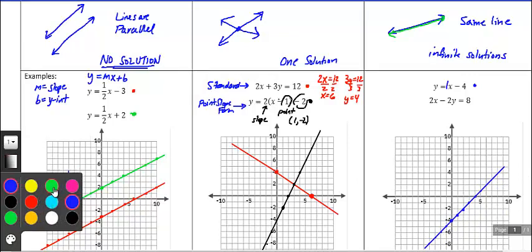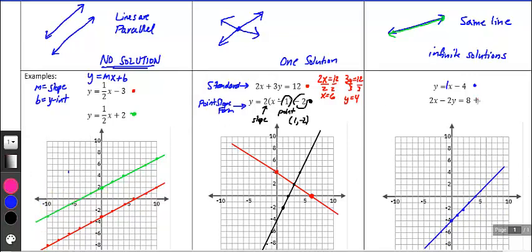And our next one, I'm going to do in pink. That's standard form. Remember standard form over here where I plugged in 0 for x and solved for y, plugged in 0 for y and solved for x? So we're back to that. So let's plug in 0 for y here, and we're going to solve 2x equals 8. So I get x equals 4.